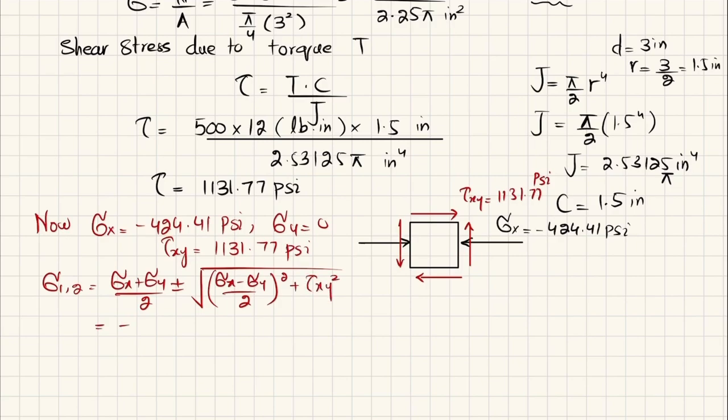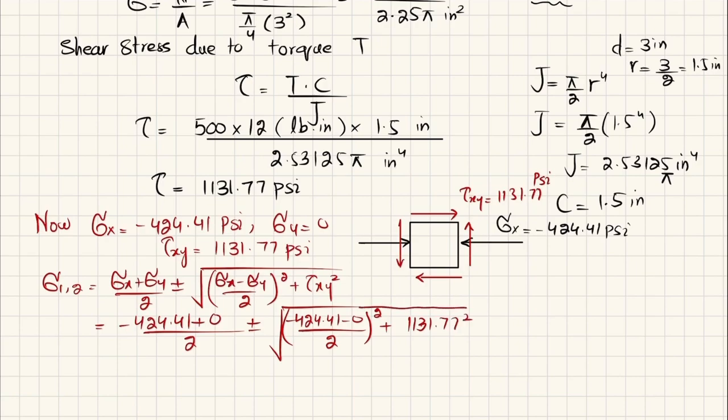So put the value: minus 424.41 plus 0 divided by 2, plus minus under the root of minus 424.41 minus 0 divided by 2 whole square plus 1131.77 square, and this will give you sigma 1, sigma 2.